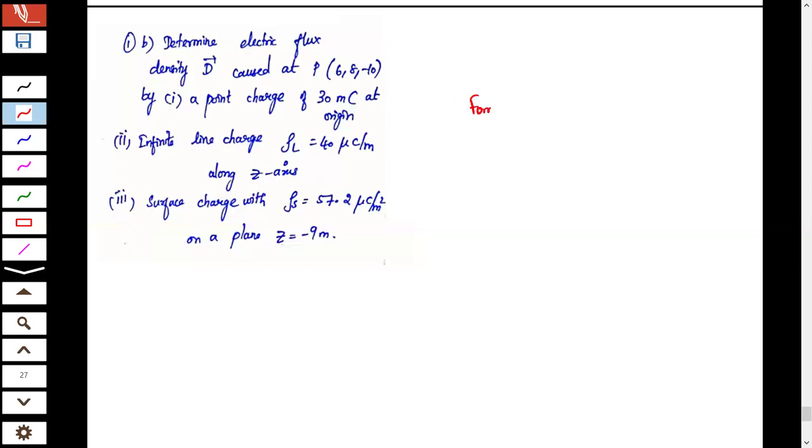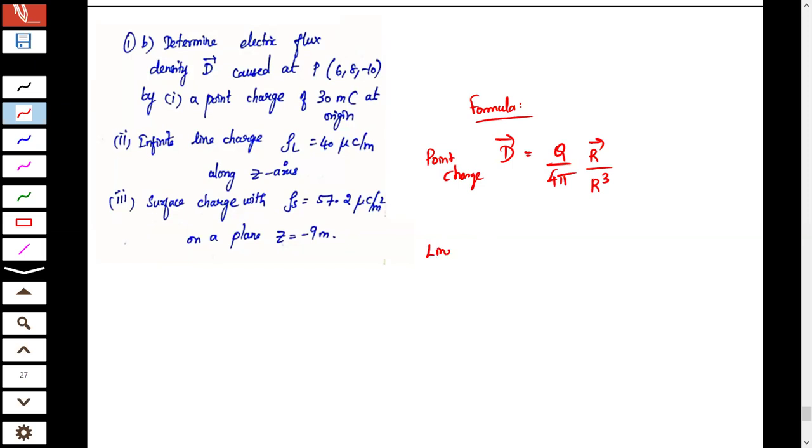So I will write the formula to find electric flux density due to a point charge. For point charge, it is given as Q by 4 pi into R vector divided by R cube.